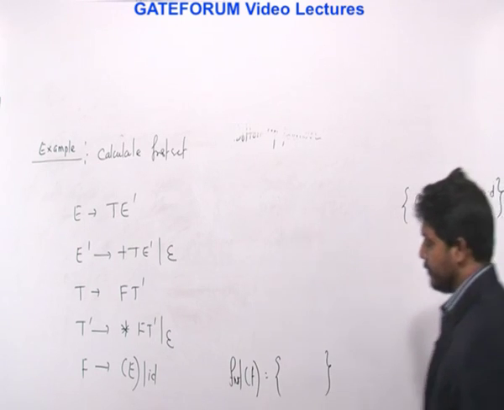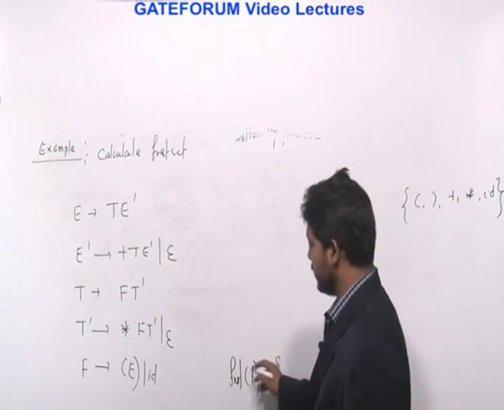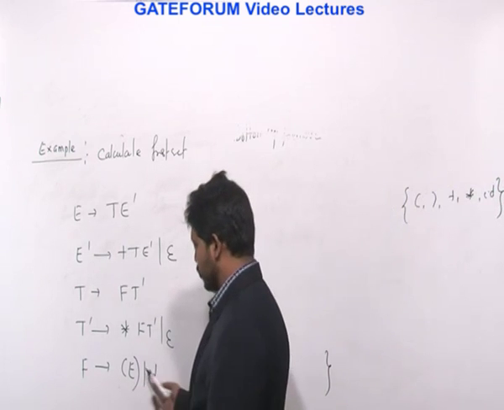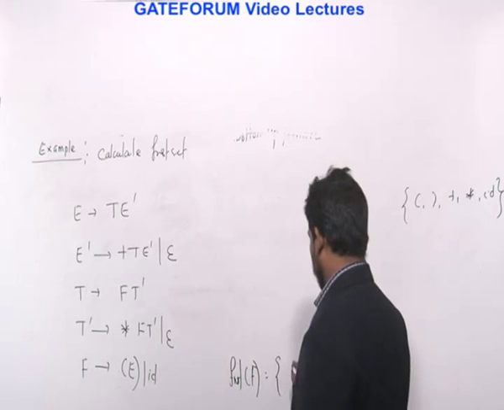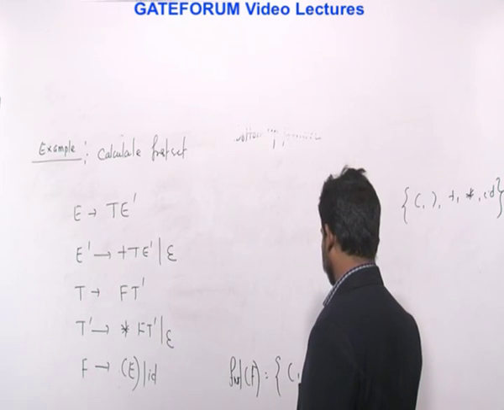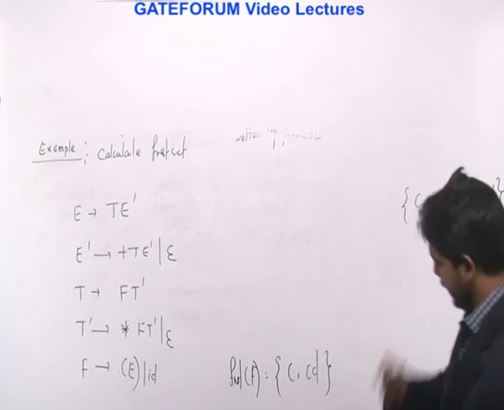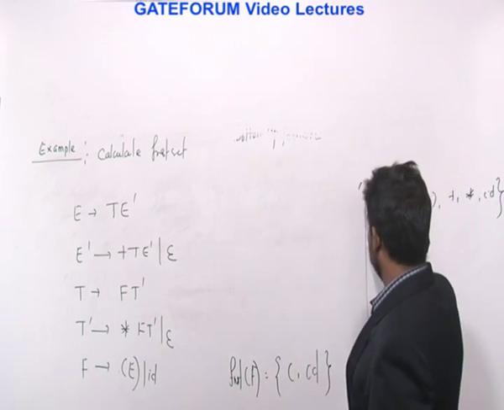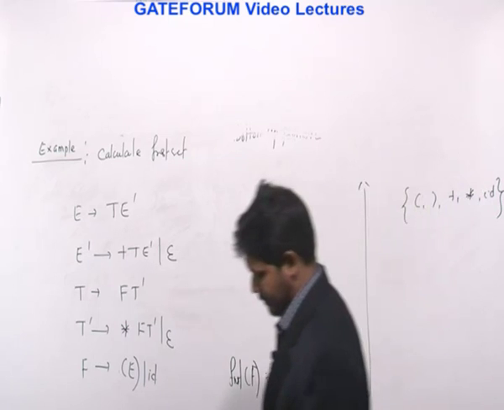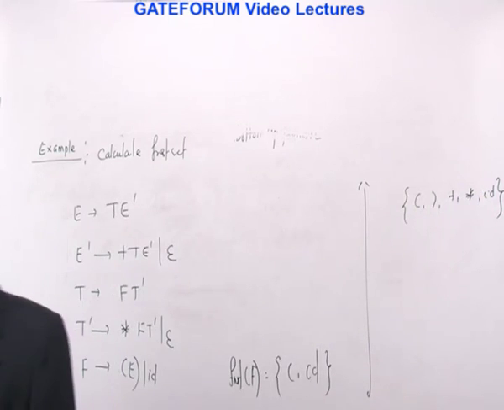So first of F, directly the case that is applicable: it starts with a terminal. Two possibilities are there, and both start with a terminal. So I'll write here opening bracket and ID, first of F. It's not mandatory, but it is advisable to always calculate in a bottom up fashion.